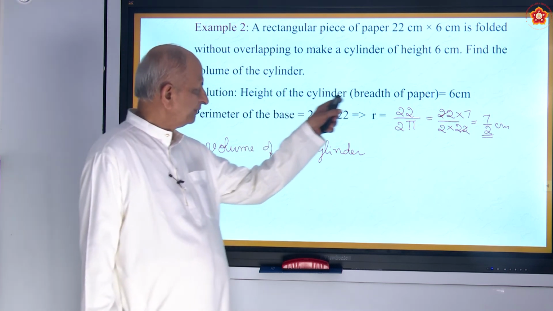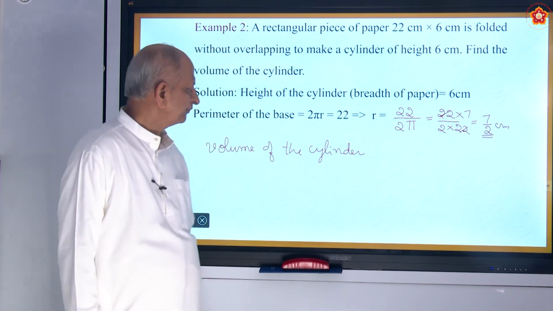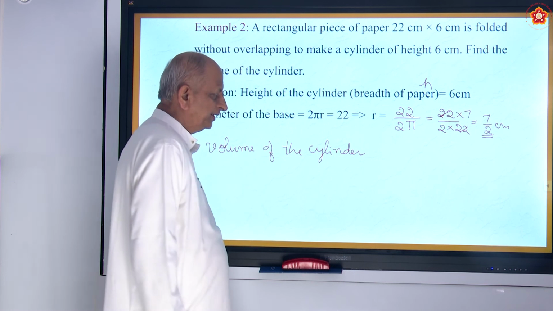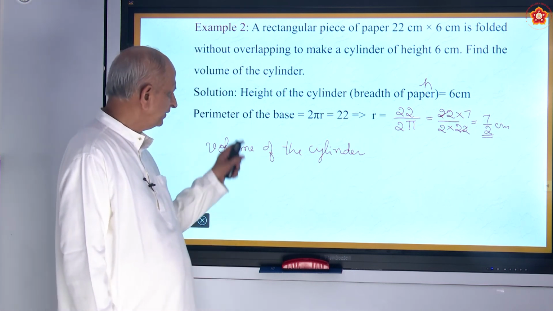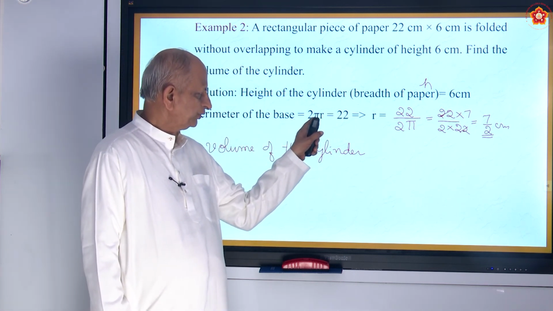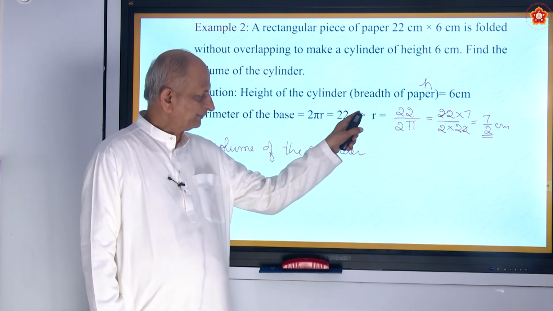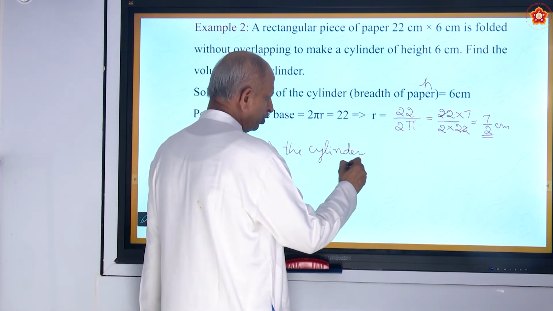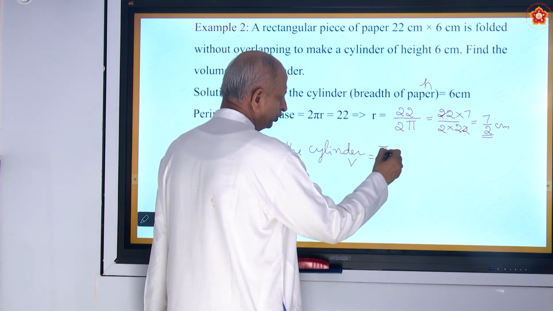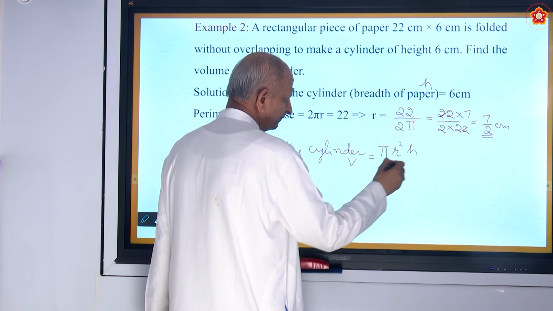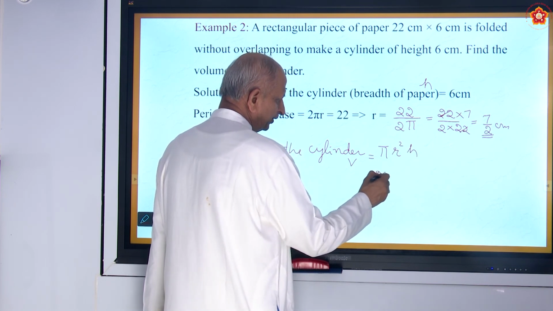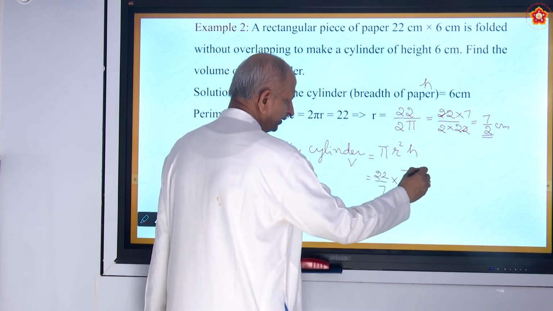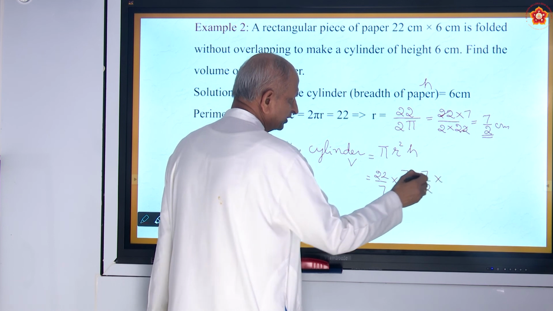In the question they have given h, but r is not given. In the place of r, they have given the circumference, that is 2 pi r is 22. Therefore, r is to be found first. So volume of the cylinder is equal to pi into r square into h. Pi is 22 by 7, into r is 7 by 2 into 7 by 2, into h.